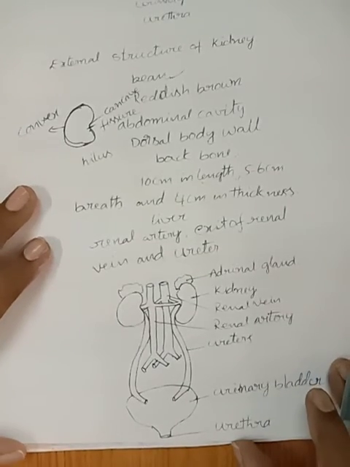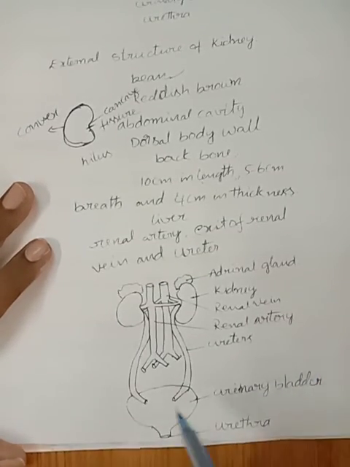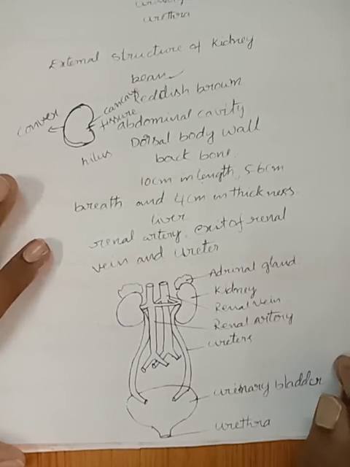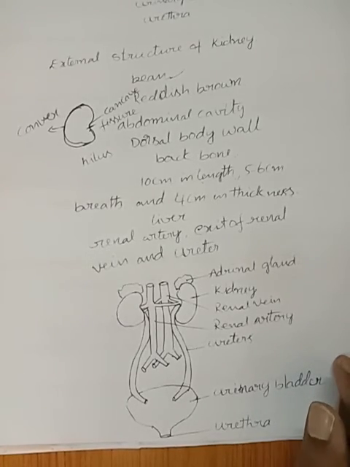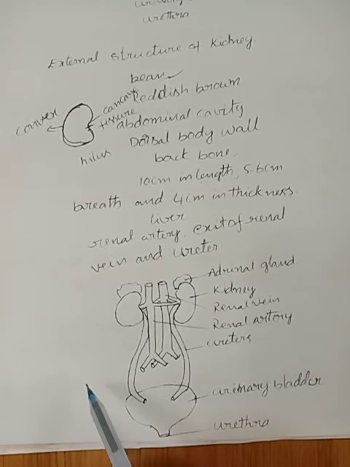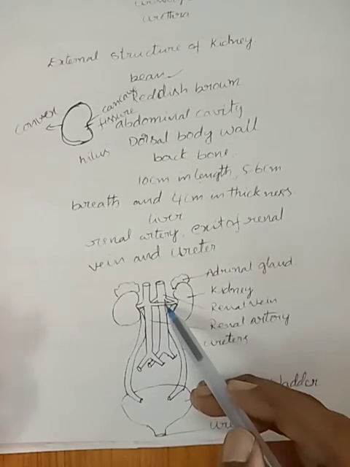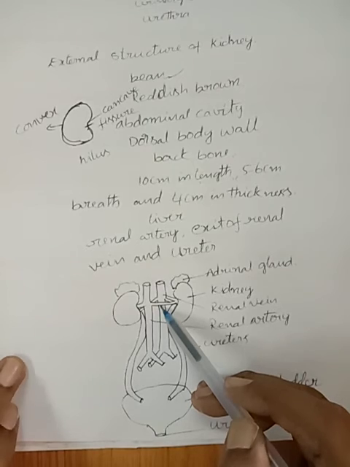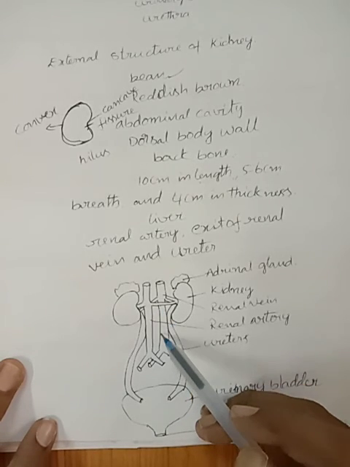These are the parts present in the human excretory system. Okay, children. So, what is the function of renal artery? Renal artery brings oxygenated blood loaded with waste products, and renal vein carries deoxygenated blood.